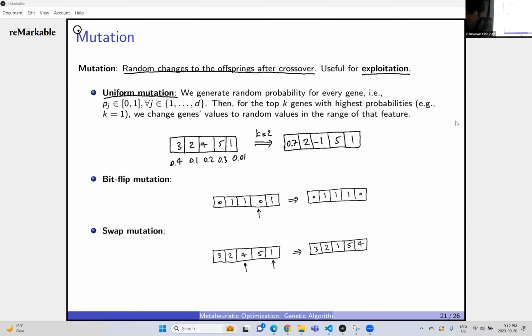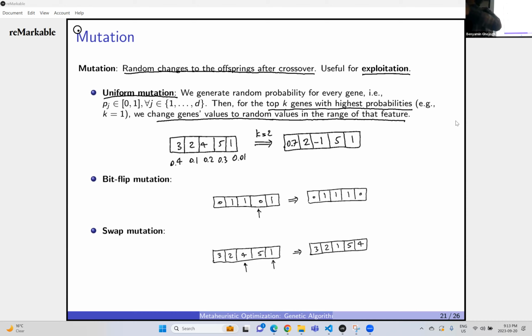One of them is uniform mutation. What does it do? It says generate some random probability between 0 and 1. You know how to do it in Python, right? Uniform random values between 0 and 1 for the features. Then for the top k genes with highest probabilities, we change the gene values to random values in the range of that feature.